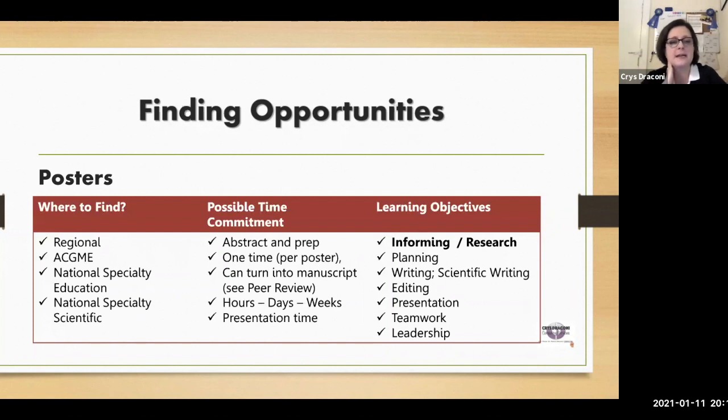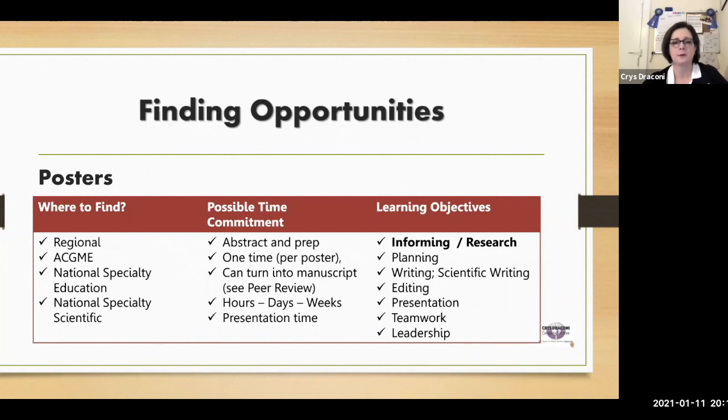There's national specialty within education, and national specialty within scientific, because you have your education related specialties, but they usually have another separate organization that is the doctor's version of the conference. But as you know, they're all learning about education, so you could have a topic that could be interesting for them.